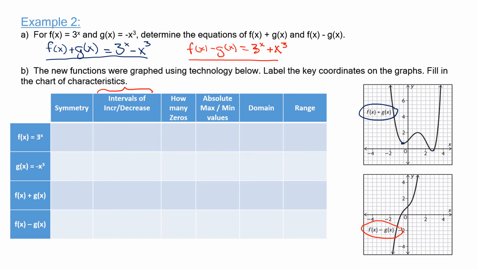Let's do the addition, the sum first. So these ones are pretty hard to tell. I know what they are exactly, so we'll just write these down here. That coordinate there is negative 0.47, 0.7.